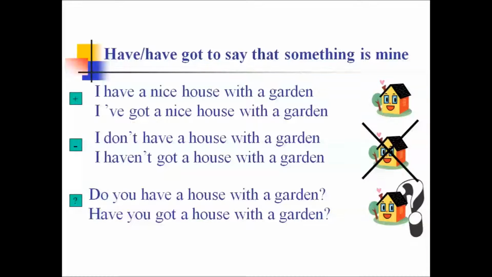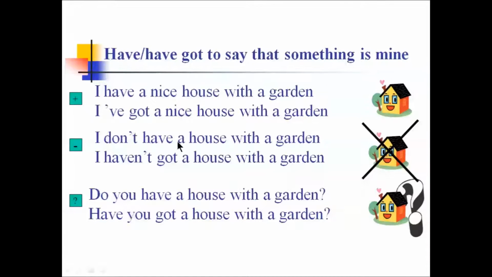Have got and has got. When you use have or have got to say something you possess, for example, you say I have got a nice garden, or you can say I have a nice garden. I would like to jump to the third one.